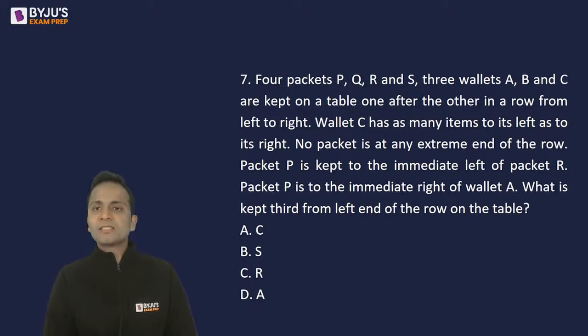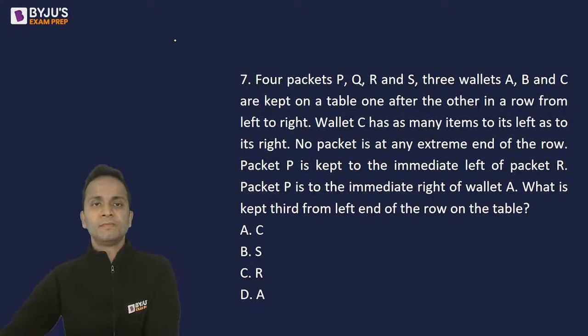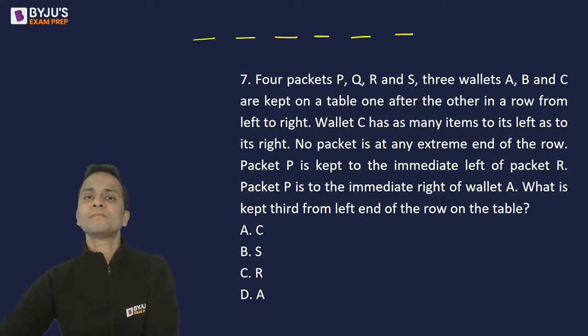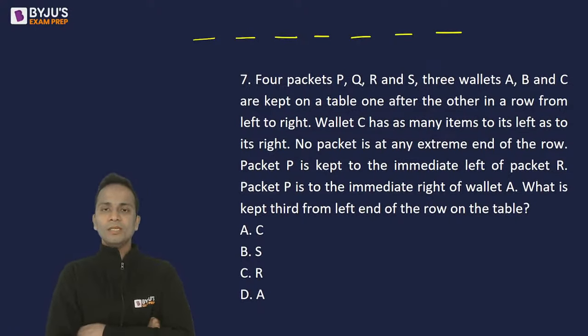Now there are 4 packets and 3 wallets kept on the table. So these 7 articles are kept on the table, one after the other in a row from left to right. Wallet C has as many items to its left as to its right.